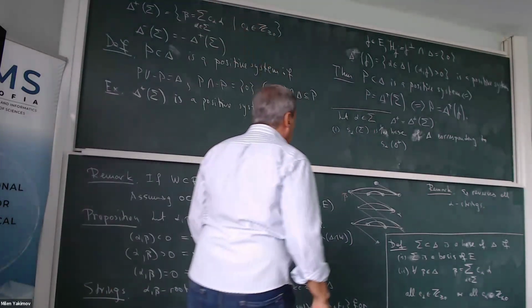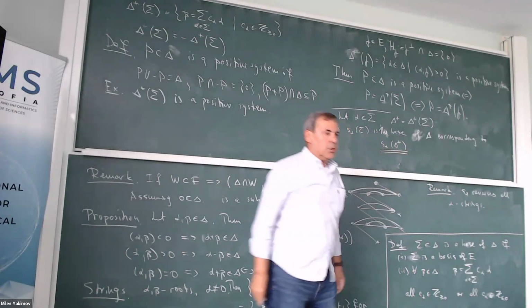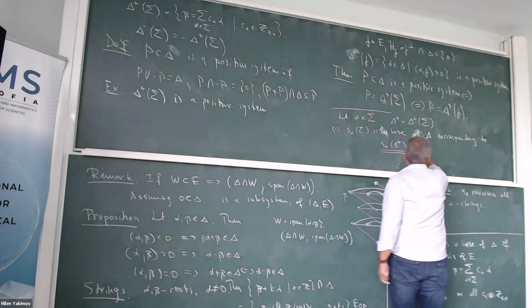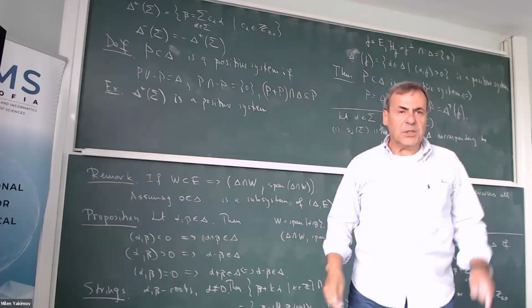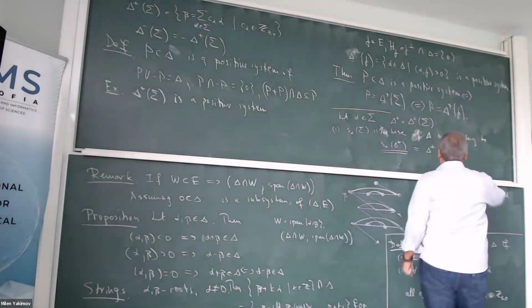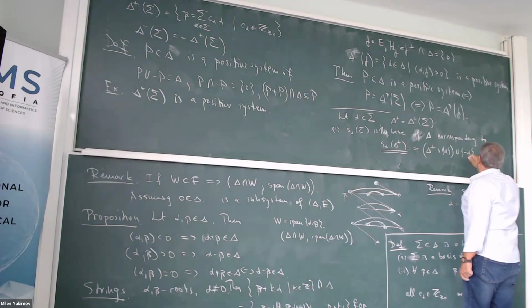It's very simple. The only thing that is interesting here is what is S alpha of delta plus. It differs from delta plus very little. It differs just in one root, alpha. You throw away alpha, and instead you get minus alpha.